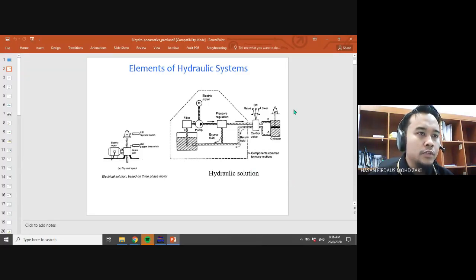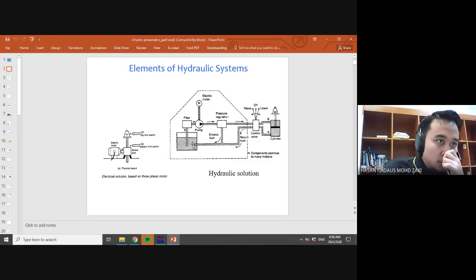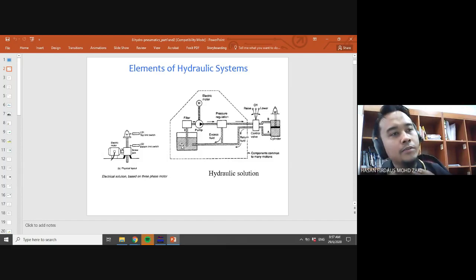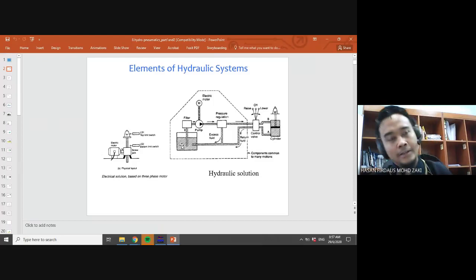For the hydraulic, the only difference is that hydraulic uses liquid. As for the pneumatics, we use compressed air. It will be quite noisy because it has to release the compressed air into the atmosphere every time, right?